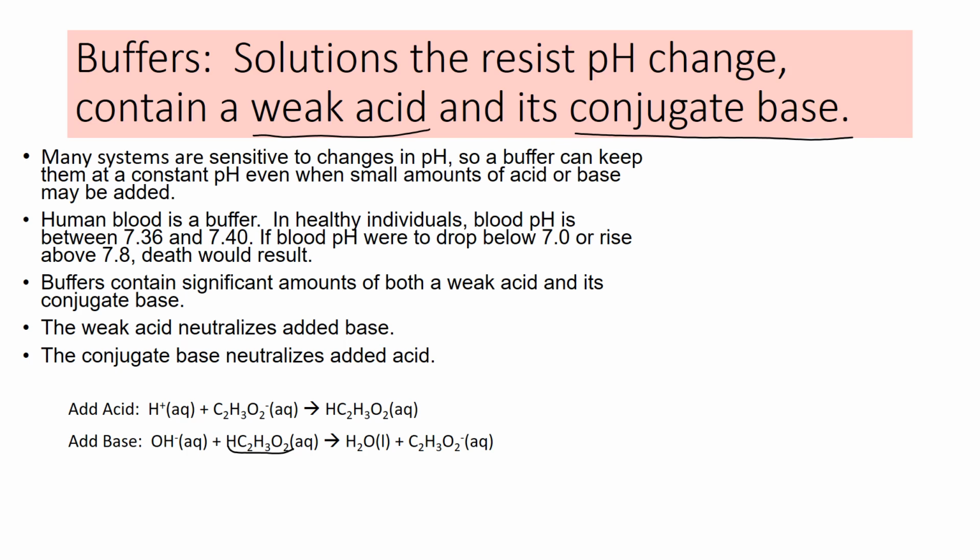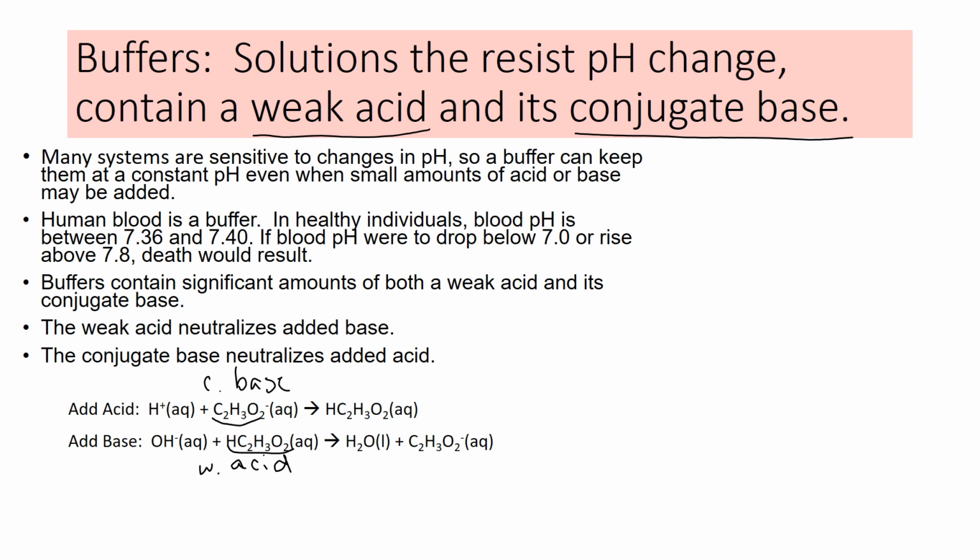And its conjugate base, remember, to get the conjugate base, you take off the H. So the conjugate base is right here, and that's the acetate ion. A buffer solution will contain both of those in about equal amounts. So it has both of them.